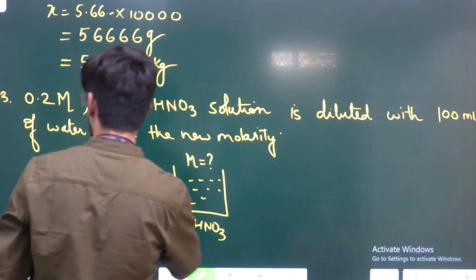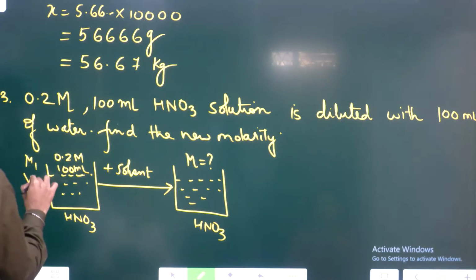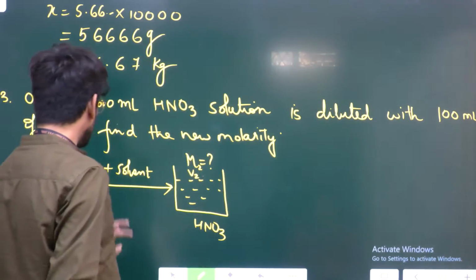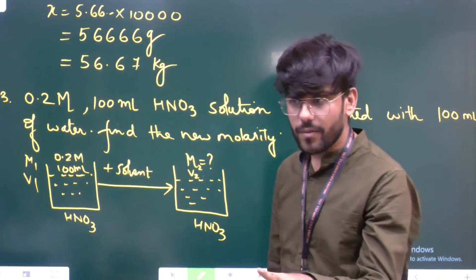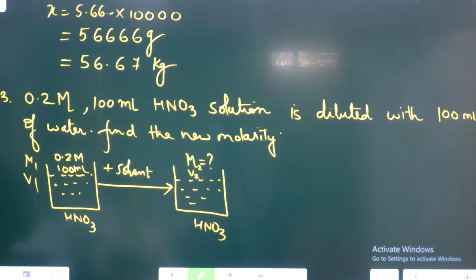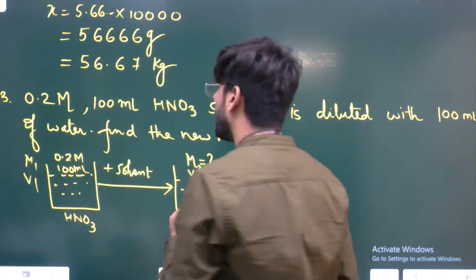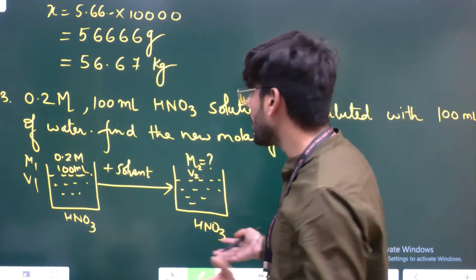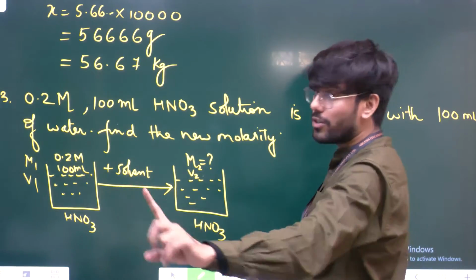Suppose this is M1 V1 and this is M2 V2. Then you know that since the solute is same, what is same? The number of moles are same, because molarity depends upon the number of moles of solute, and the solvent is changing, not the solute.